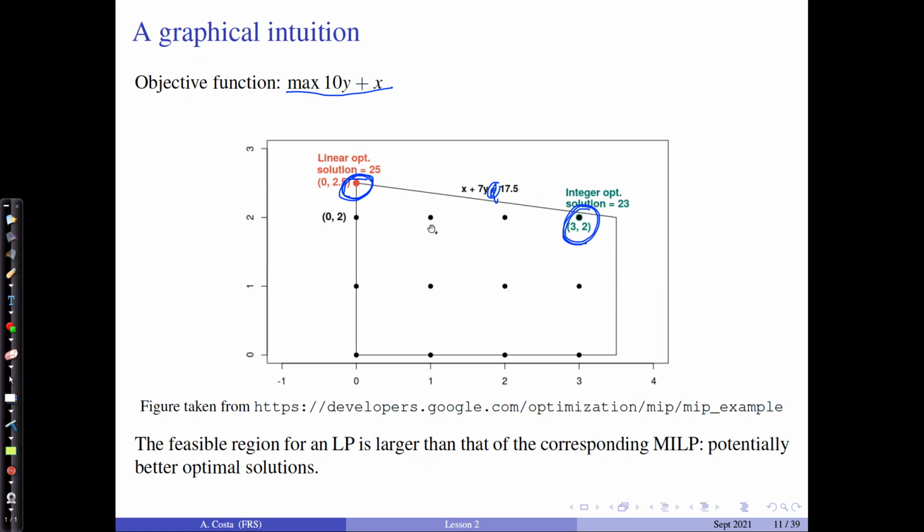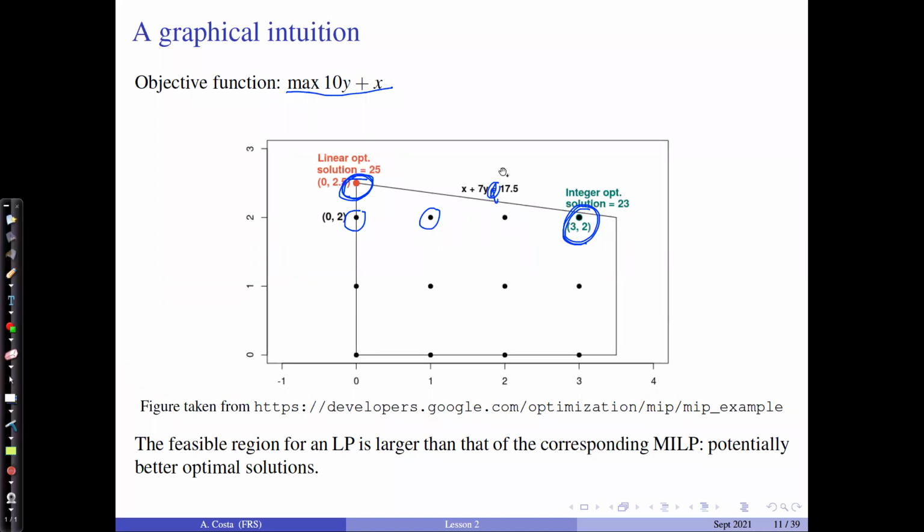Interesting, because first of all, you will notice that the integer solution is not the closest one to this. Like you may have expected, well, if this is the optimal linear, maybe the integer is here or here. Actually, it's quite far. And you can have very interesting problems where the linear solution and the integer solution are really far.